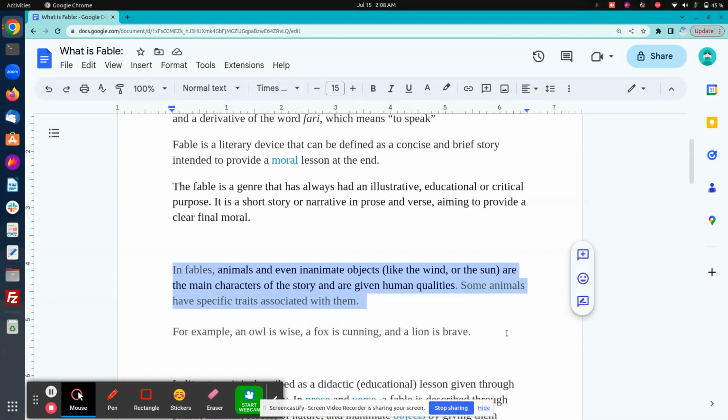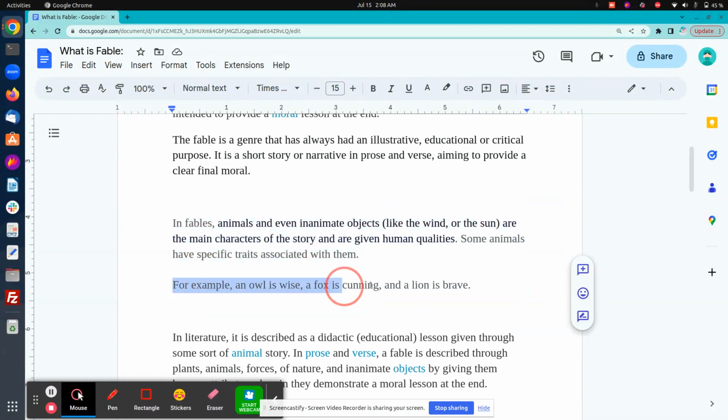All the non-human things are given human traits or human characteristics. For example, an owl is wise, a fox is cunning, and a lion is brave. These are the abstract ideas that are given to animals.